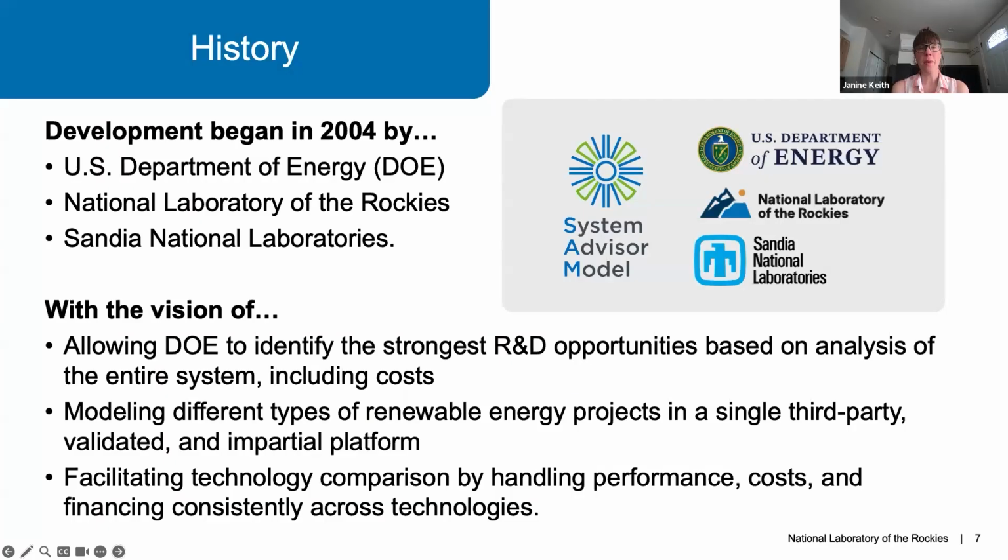They also wanted to be able to model different types of renewable energy projects in a single third-party validated impartial platform. And we wanted to facilitate technology comparison by handling performance, costs, and financing consistently across different technology types.